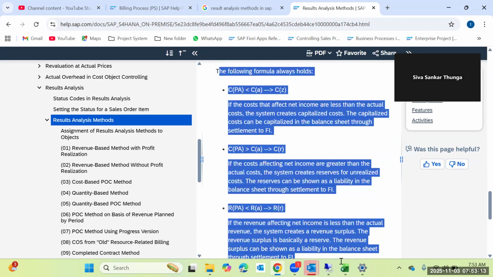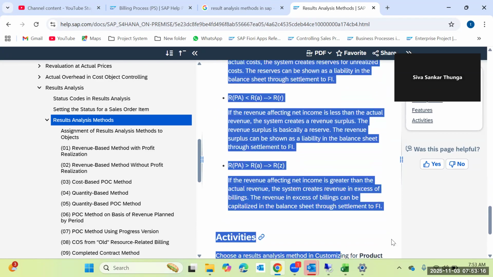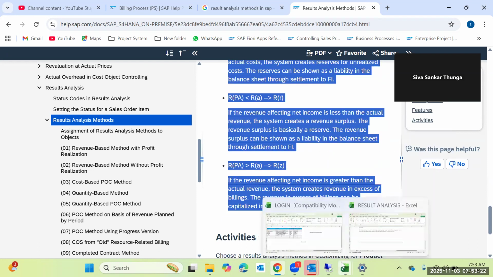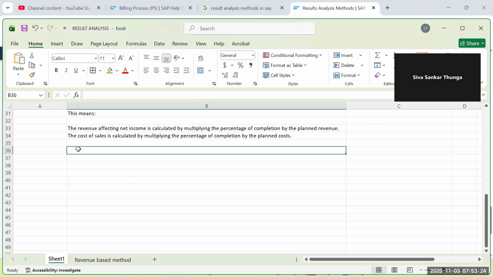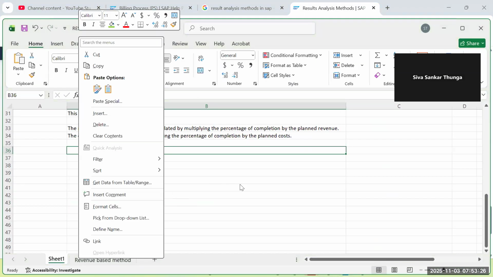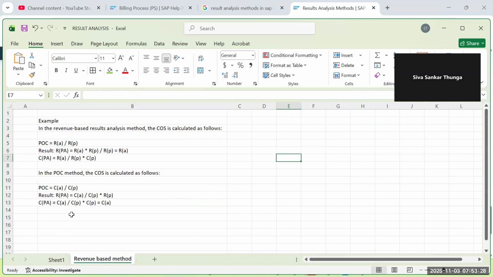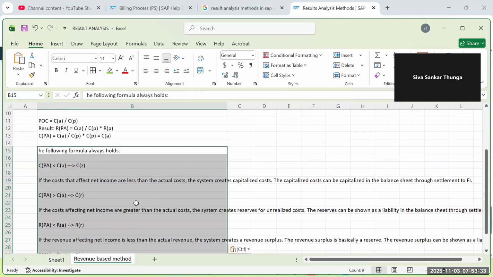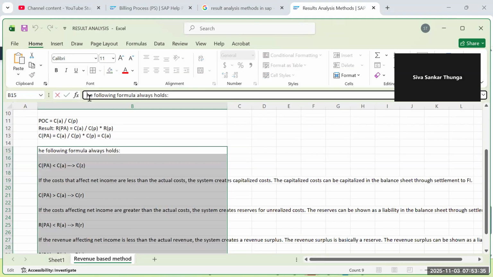This is also important, whatever I was explaining yesterday. If the actual revenue is greater than the calculated revenue, what will happen? The one which we received is more than the system calculated. Yesterday I explained: a liability will generate, right?